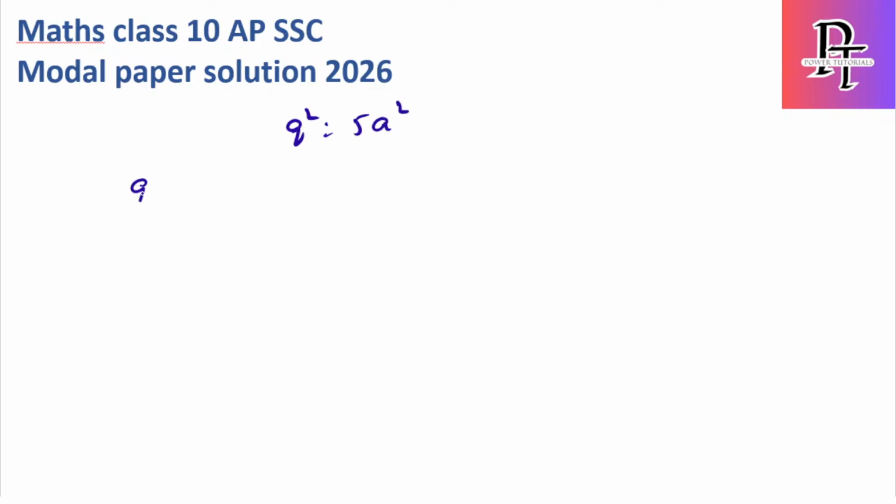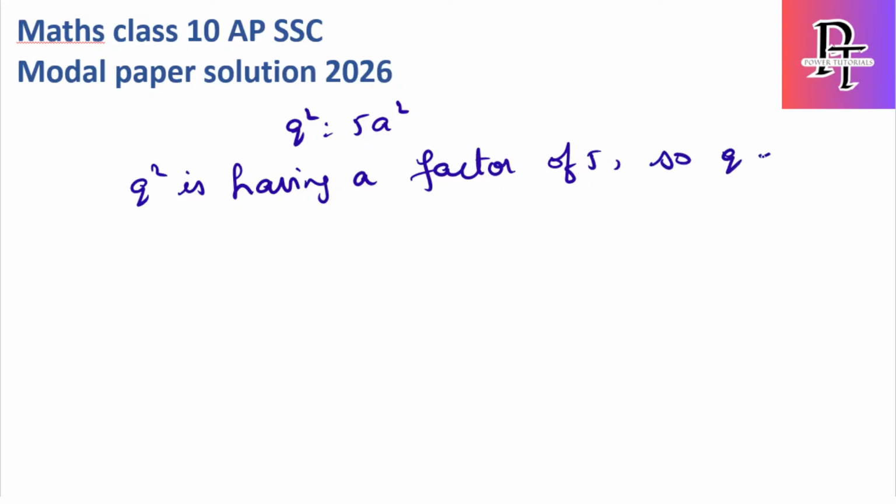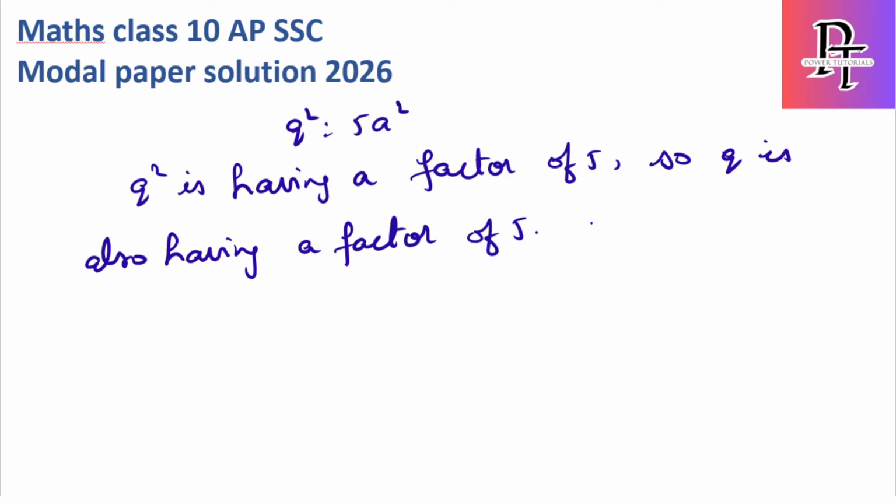So q square also has a factor of 5, so q also has a factor of 5, which contradicts our statement.